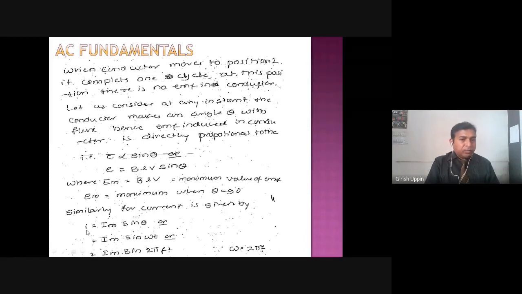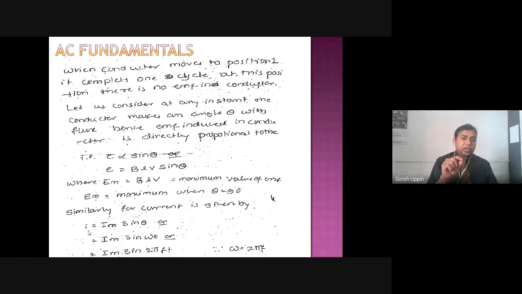Similarly, for the current, you have to observe here, the lowercase letter e is used to represent the induced EMF, and similarly lowercase letter i to represent the current: i = Im sin θ. These lowercase letters e, i or v are called instantaneous values. We will see what that instantaneous value is. So current can be represented as i = Im sin θ.